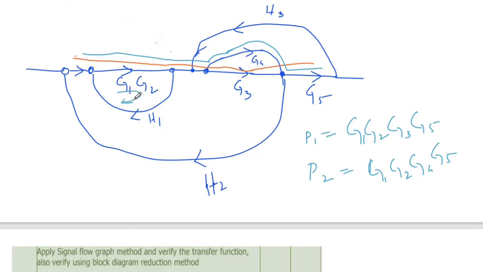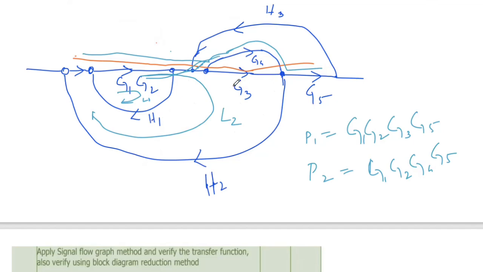This is one loop, L1. Then L2. Then there is one more loop like G3, another loop you can put L3.